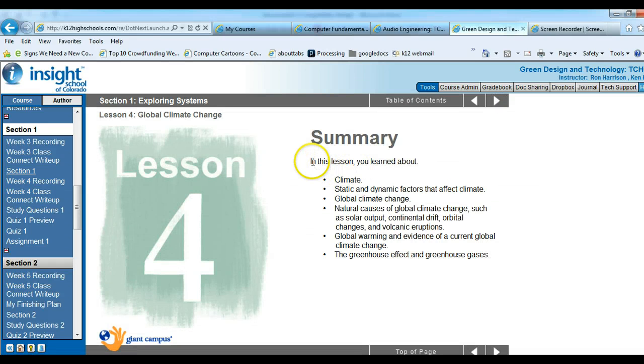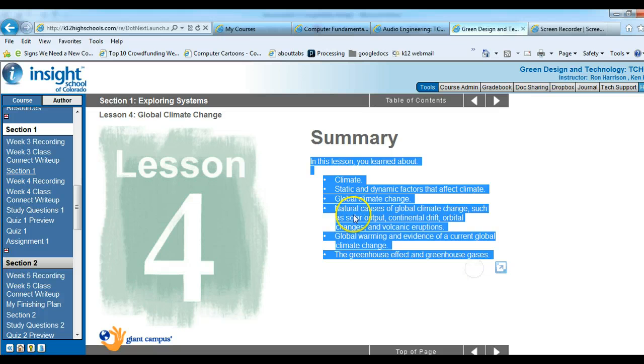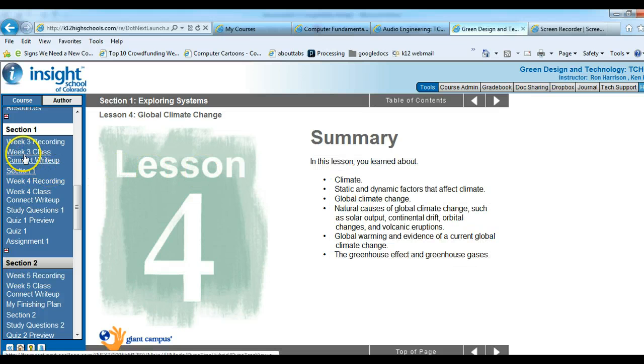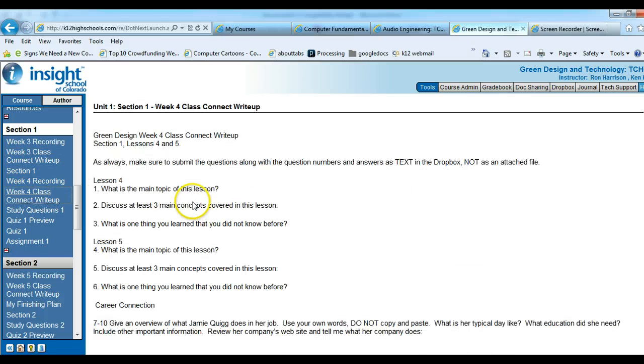So in summary, here's what we learned in this, and then if I go back to the Week 4 Class Connect write-up, the main topic talked about that, 3 main concepts covered in the lesson, what's one thing you learned. So I want you to discuss this, not just say, I learned what methane is. No, I want you to discuss what this is. So please do that right.